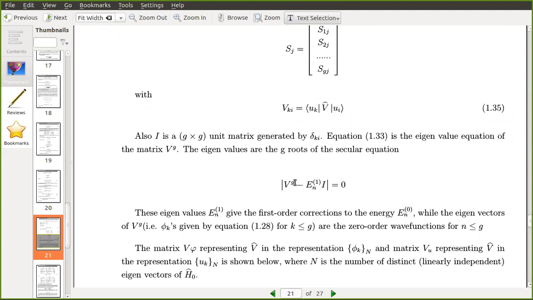So if you solve this, you can diagonalize the matrix V, and the diagonal elements are the correction factors, which we have already said. These eigenvalues E_n^(1) give the first order correction to the energy E_n^(0), where the eigenvectors of V^G, which are the phi_k's given by one of the equations, are the zero order wave functions for the degenerate states.